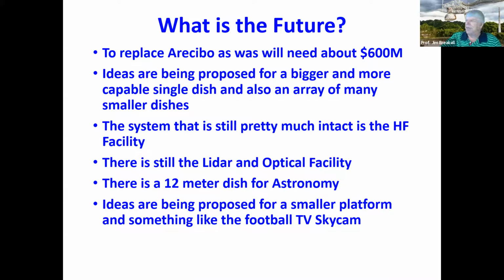And in fact, Penn State, even at their stadium, has this Skycam system. And we think we could put an antenna up there, and instead of having that big platform, just have a receiver and an antenna, and we can move it around with the Skycam, and it would have enough accuracy that we think we could use it for radio astronomy. So that's just another idea that we've been thinking of.